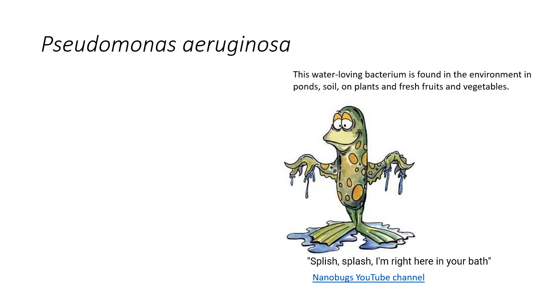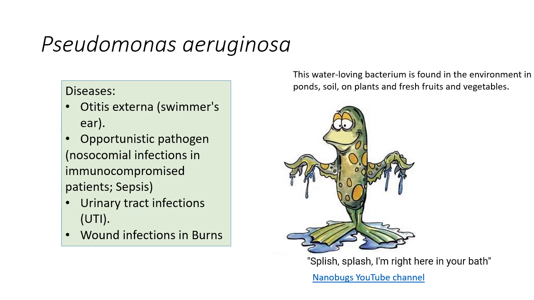So for us as human beings, it's very important as well because it can cause a lot of diseases, especially when there is moisture. So that's why it's present in the ear if you swim in swimming pools, and that's why we call it swimmer's ear, or the inflammation or infection in the external ear called otitis externa.